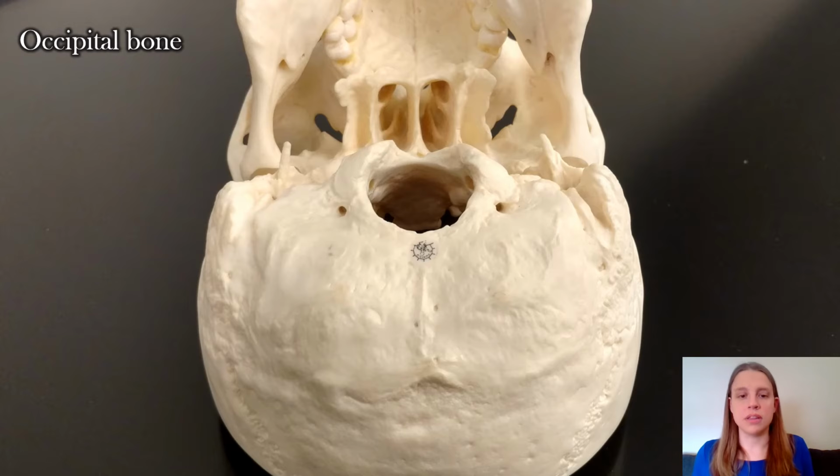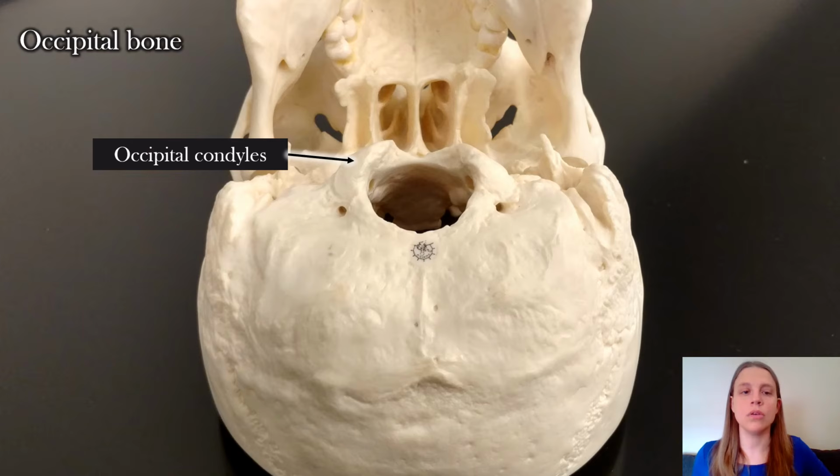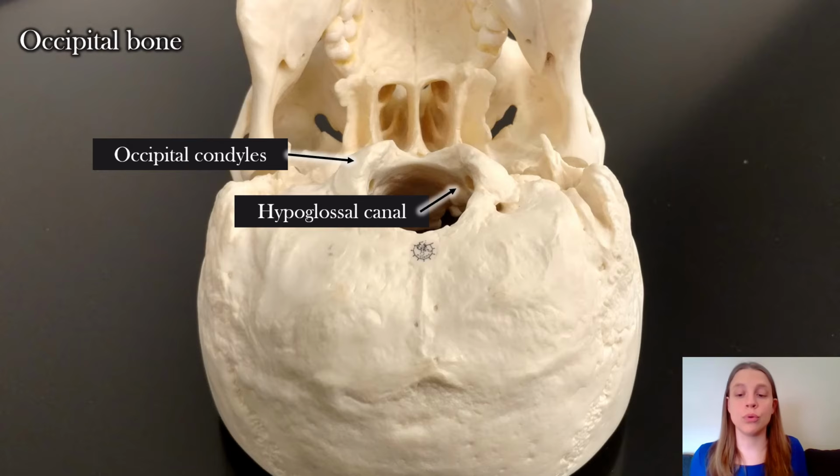Coming to the occipital bone on the back of your head, you have the occipital condyles, which are two little bumps. Remember that condyle means a bump that fits into a joint. So the occipital condyles form the joint with your first cervical vertebrae. And running through the occipital condyles is the hypoglossal canal.